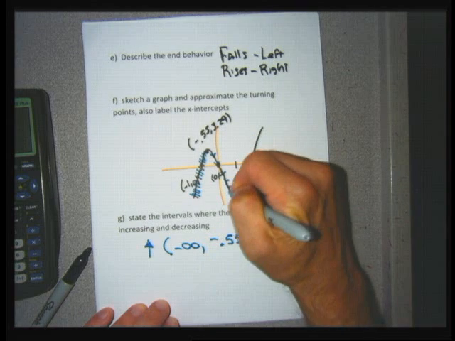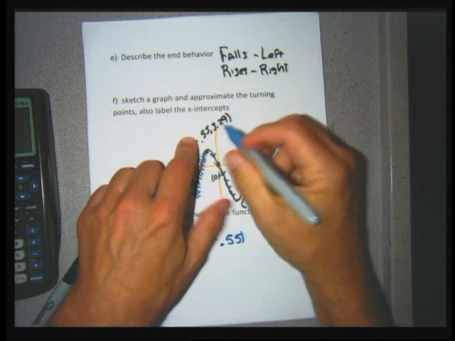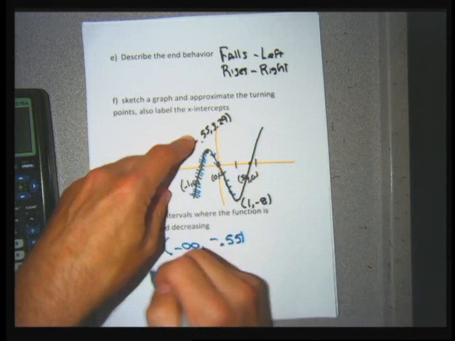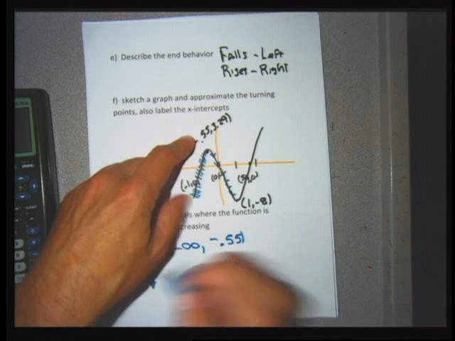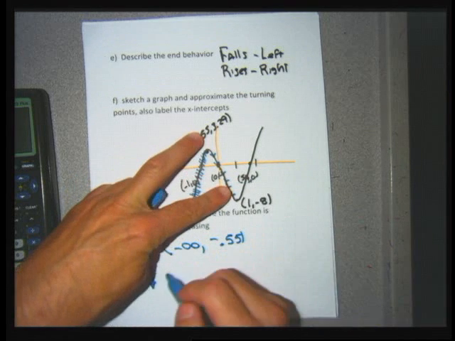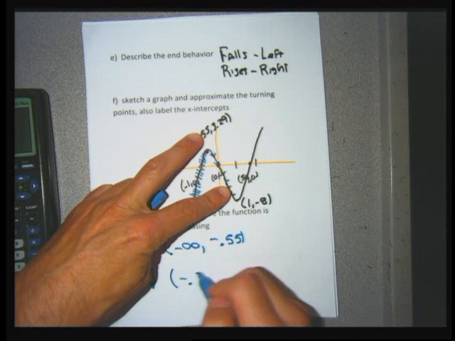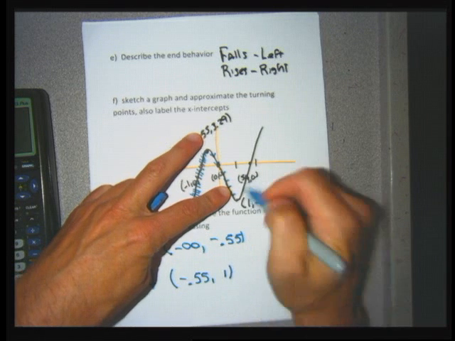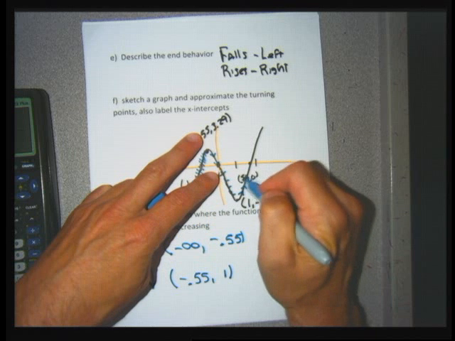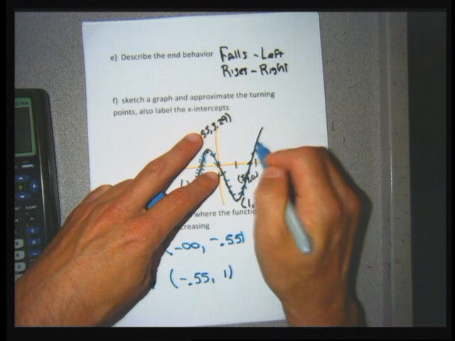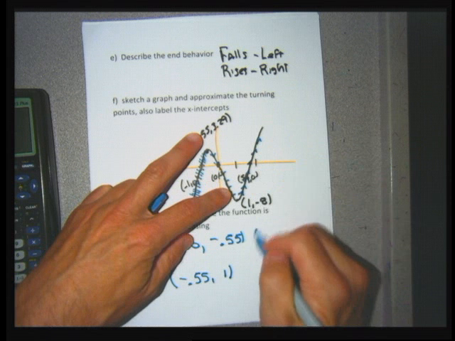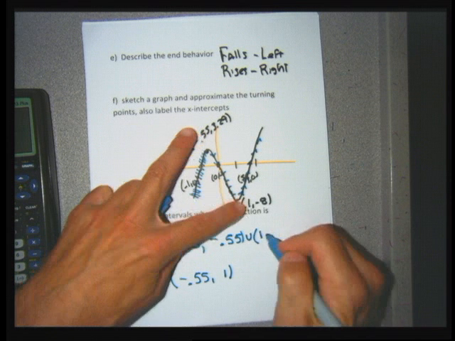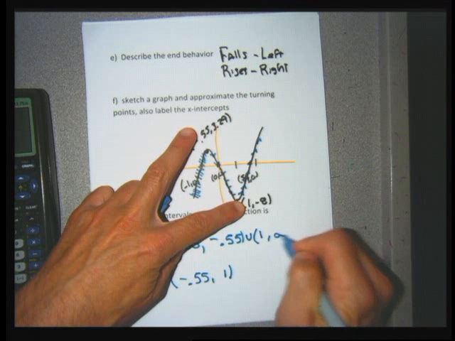It goes down from the high point to the low point. That's a decreasing interval. It's the only decreasing interval. And in terms of x, that's decreasing from -0.55 to 1. And then after the last turning point, it goes up forever, it increases forever. That's from 1 to infinity.